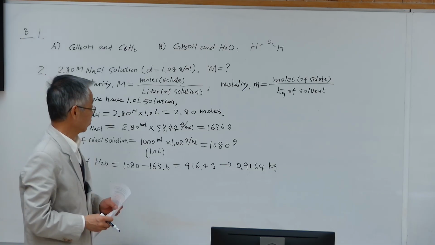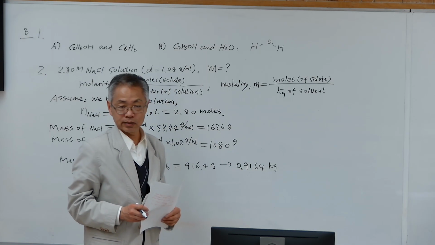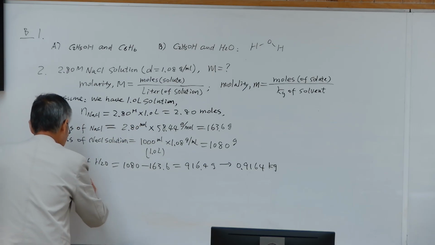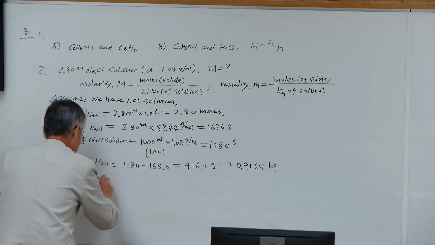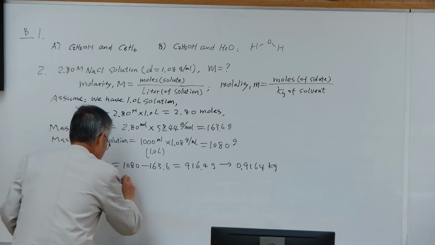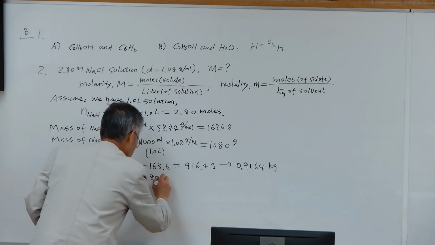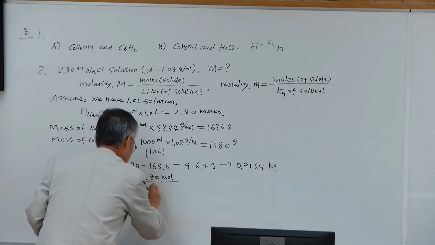Okay, now we have moles, we have kilogram of solvent, then molality. So molality m equals moles divided by kilogram of water.